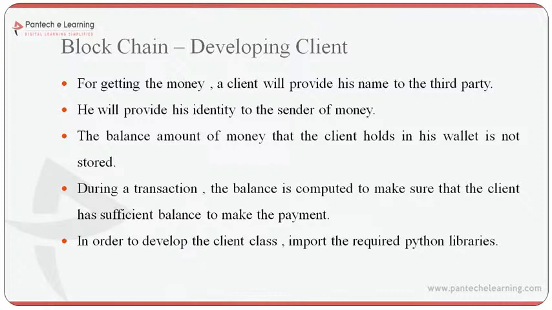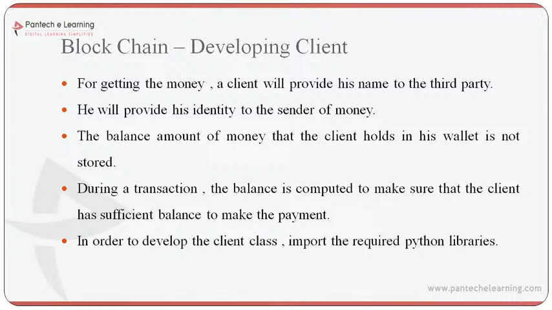And what is the service he is going to receive for the money he pays? All this will be contained in the client class. The balance, too, to make sure he has sufficient balance to carry out the transaction.